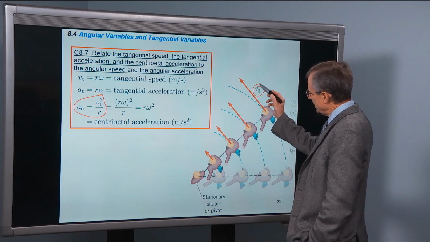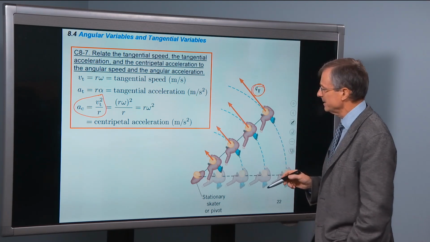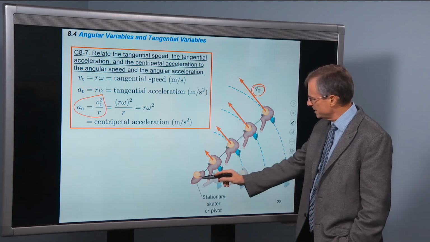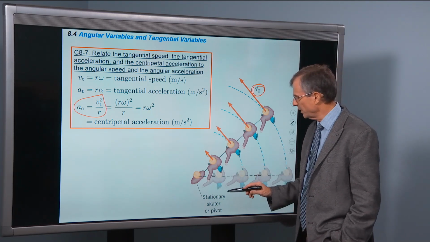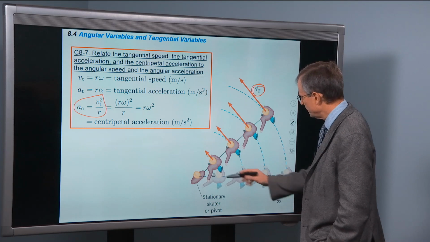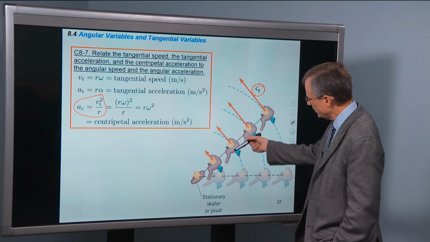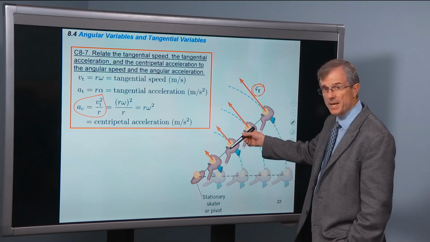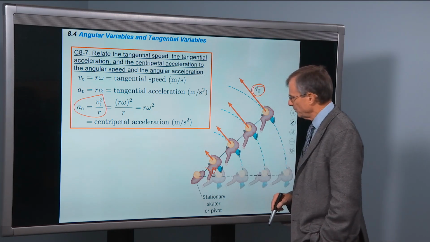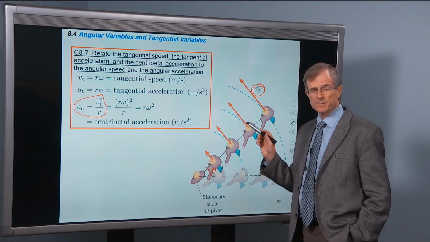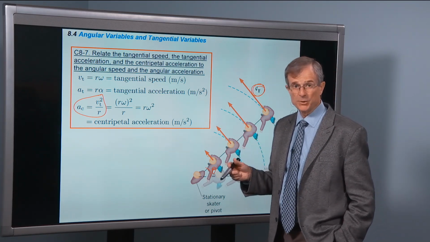But this speed depends on the distance from the axis. And this is an important new point here. The angular speed that all of these skaters go through is the same. They all rotate through the same angle. But are they all traveling at the same linear speed measured in meters per second?